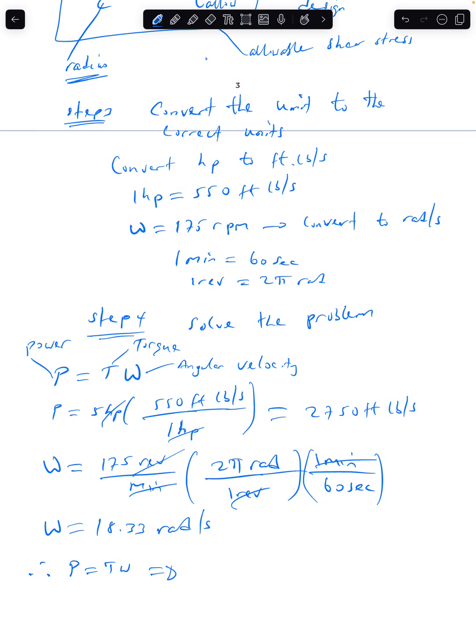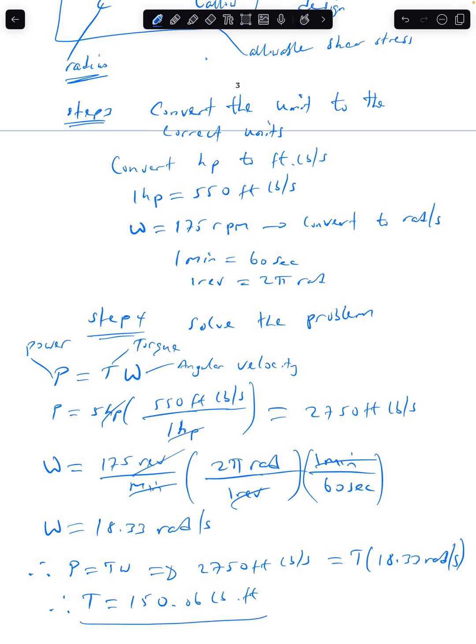The power for that is 2750 foot-pounds per second, which is equal to torque, which is what I have to solve, times angular velocity, which is 18.33 rad per second, and therefore the torque is going to be 150.06 pounds times ft, and that is the torque.